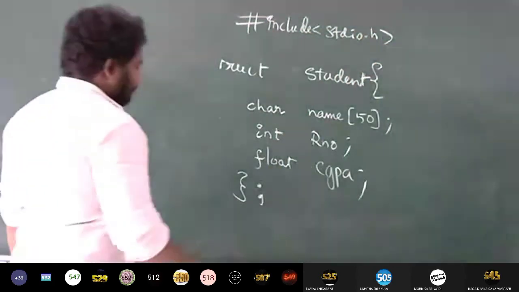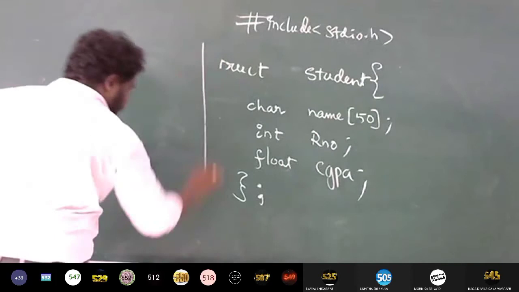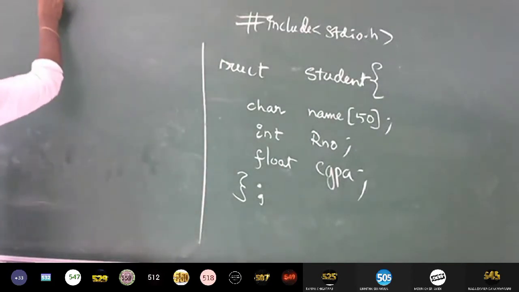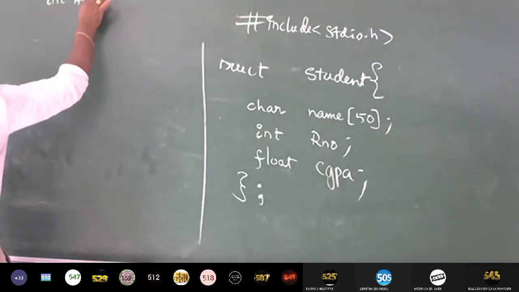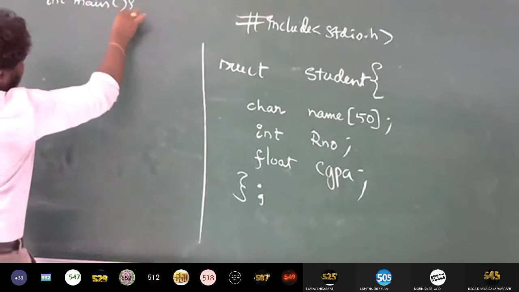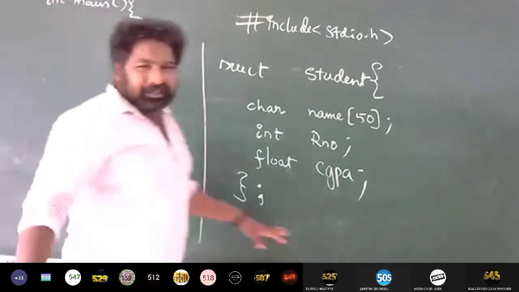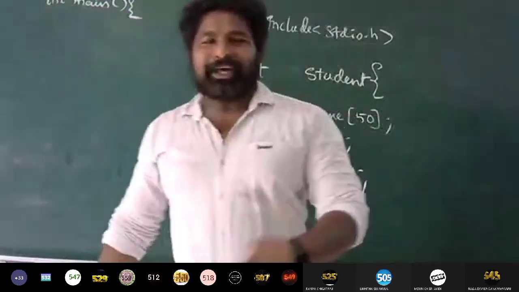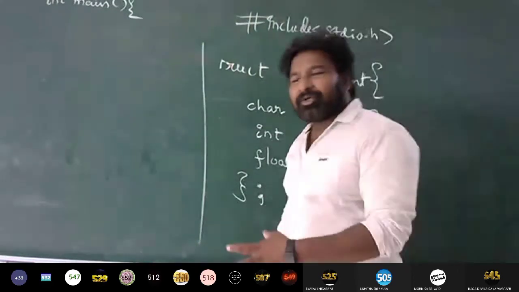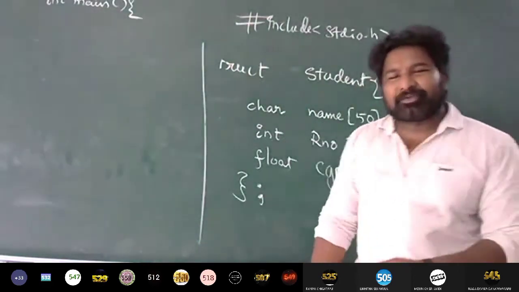Then the structure, and after that we can write the main. So what is my duty now? I want to declare variables of this structure, then I want to read some of the details of the students, right?